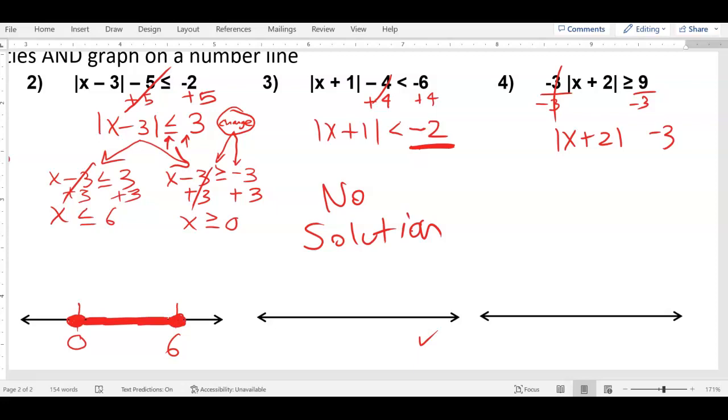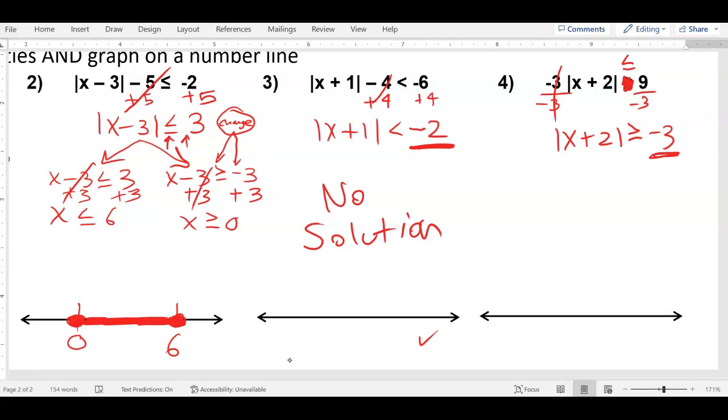This original one should have been a less than or equal to, my bad. Okay, so when you divide by -3, you should end up getting this, because when you divide by a negative, it flips the inequality. Okay, so now we have the bars are greater than or equal to a negative.